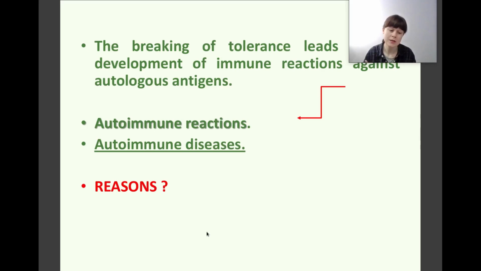Autoimmune reactions may be triggered by different stimuli, and nowadays we do not know all these stimuli. In case you break this immune tolerance, this breaking of tolerance leads to autoimmune reactions, and we develop autoimmune diseases.